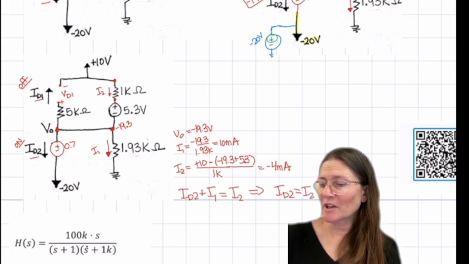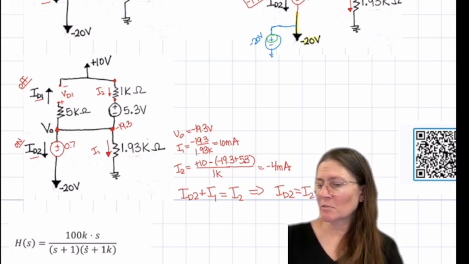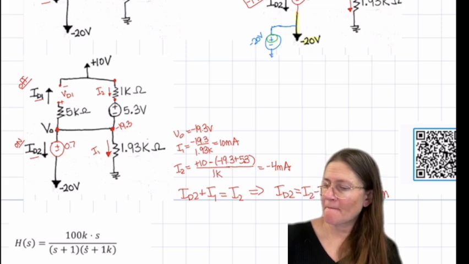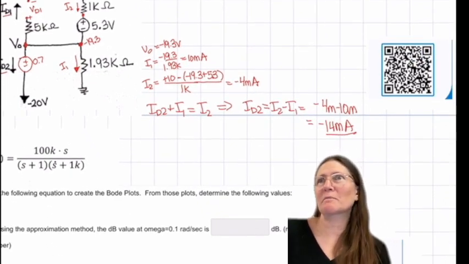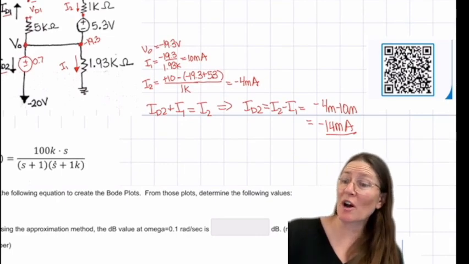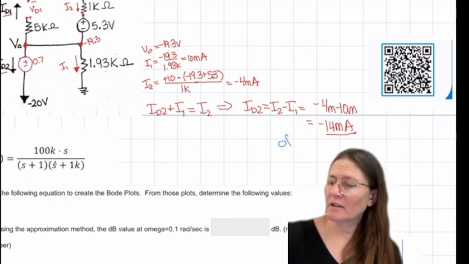I2 minus I1, so that's going to be minus 4 minus 10. So is it on or off for minus 14 milliamps? This one would be off, or not on.